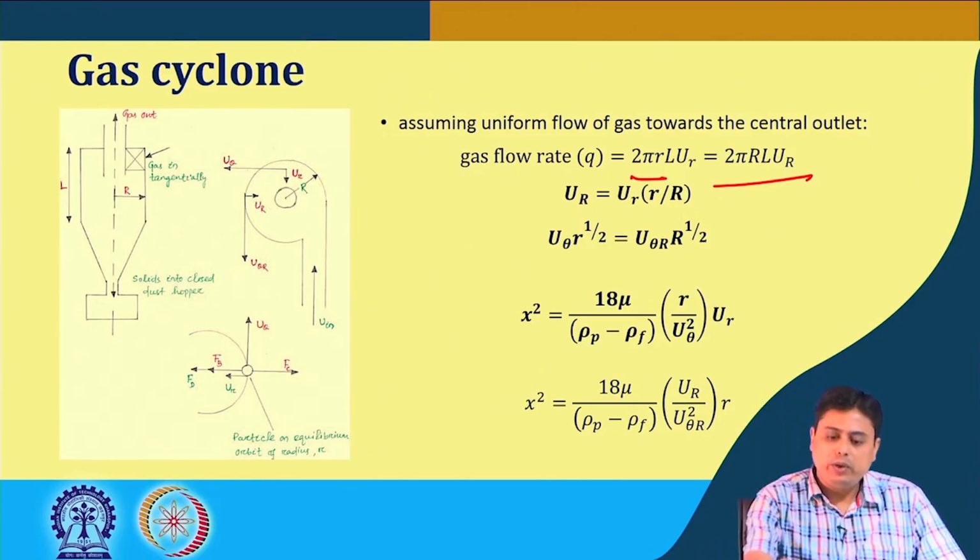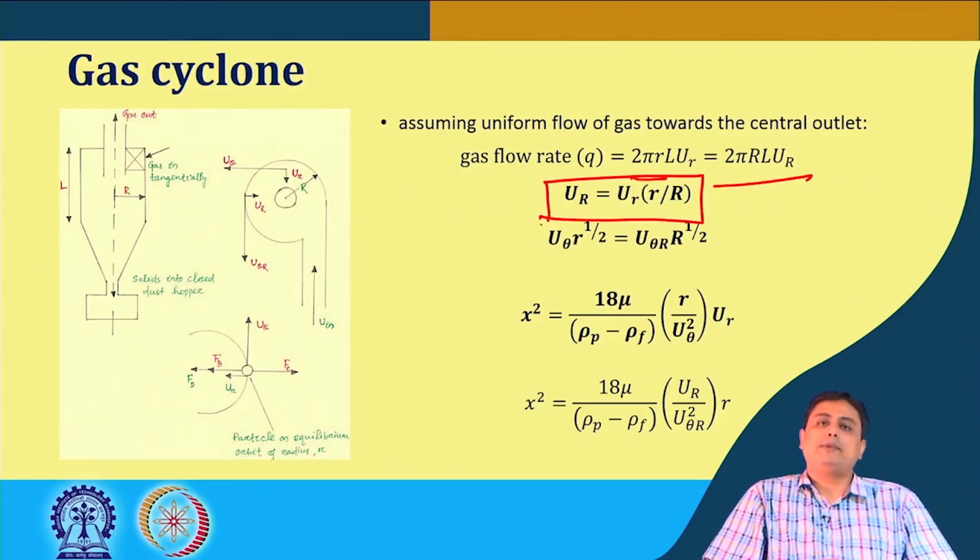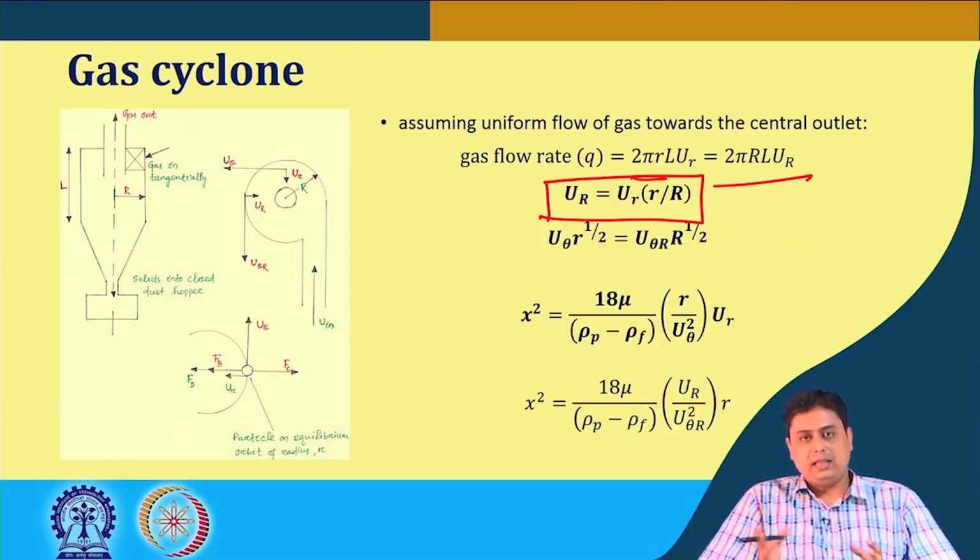So, we find a relation of u small r with u capital R. Now, here u capital R again is a design parameter, because this tangential velocity and radial velocity are the design parameters of this gas cyclone at the inlet near the wall.